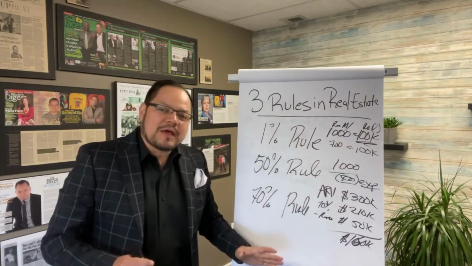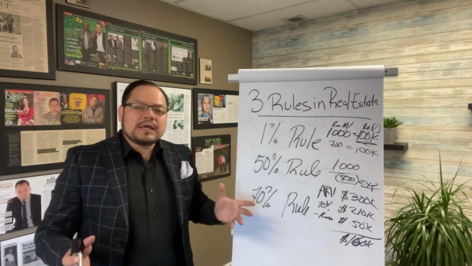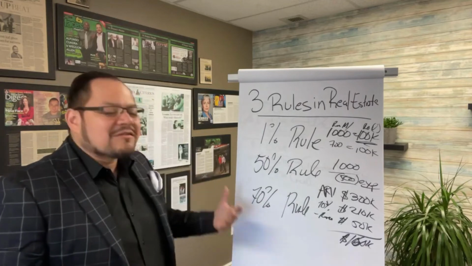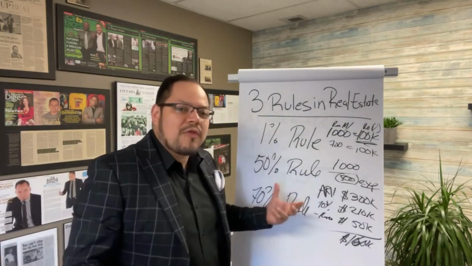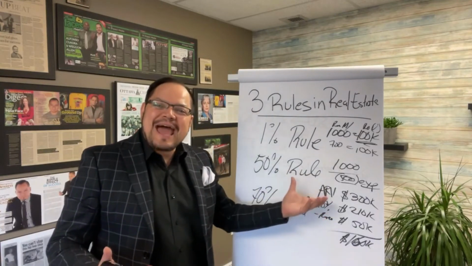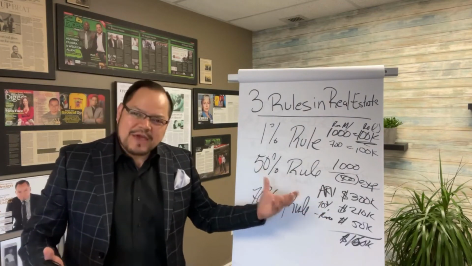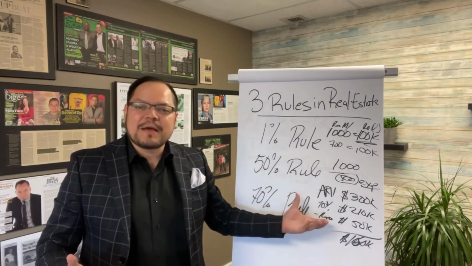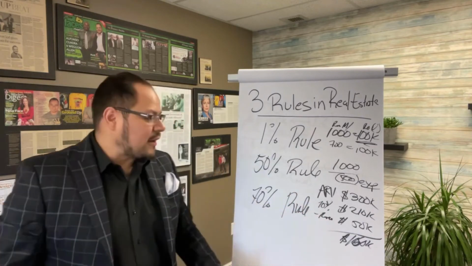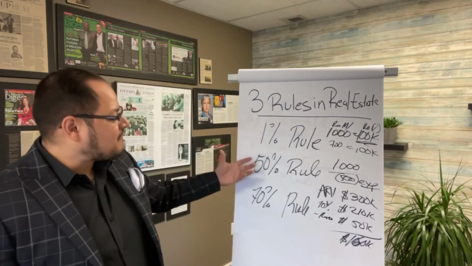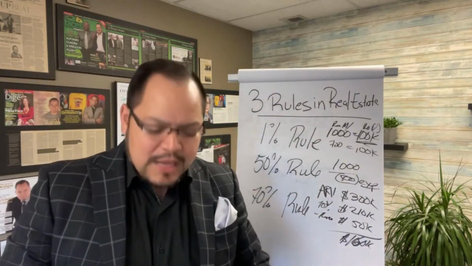And then the 70% rule says that generally your maximum allowable offer should be no more than 70% of the after repair value, taking into consideration any renovations or any expenses that you have on that property. That's what I would be offering on that property. So 1%, 50%, and 70%. Those are three key rules in real estate.